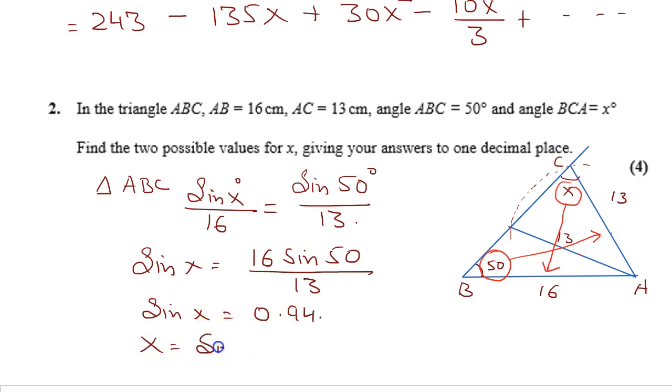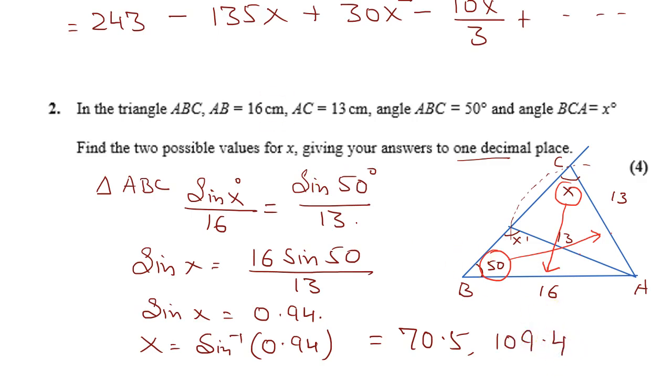So x is equal to sine inverse 0.94. So that is equal to, up to one place of decimal, 70.5, and 180 minus 70.5, that is another one, x dash, so that one is 109.4. So these are the two possible values. One is this and one is this.